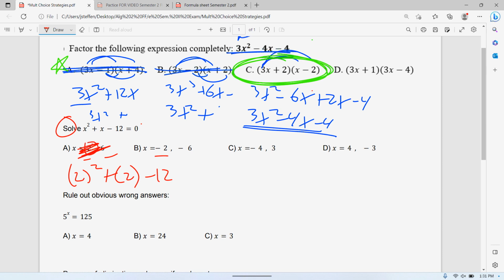So that really rules out A. But let's try negative 2. Definitely use parentheses. Remember, negative 2 squared is different than negative 2 squared without parentheses. Negative 2 squared plus 2. So it's not that.